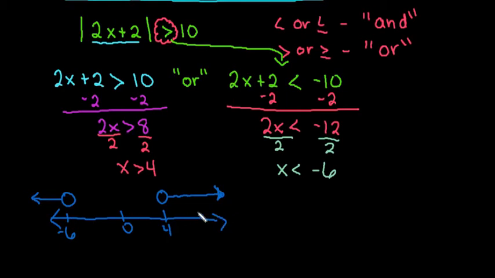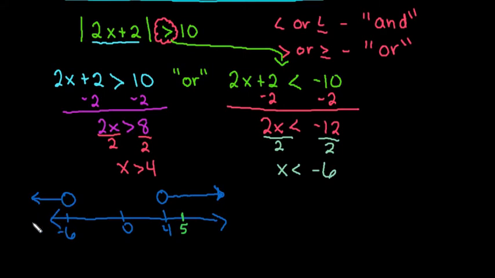As far as checking to make sure your solution makes sense, we can always plug in something that's not included. Like 0: 0 plus 2 would give me 2, and 2 is not greater than 10. So we can see that this value in between isn't true. If we picked a value, say 5, 5 is greater than 4. If I plug that in, 2 times 5 gives me 10, and 10 plus 2 is 12. So we can see that the way the arrow is going makes sense for our solution.